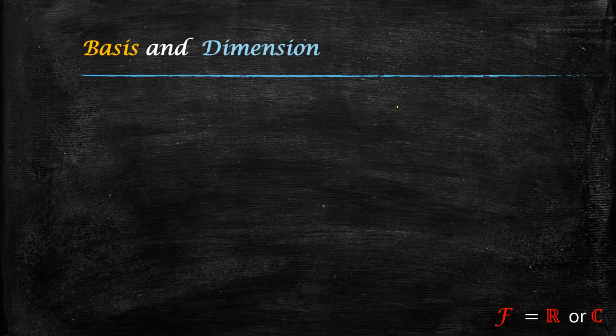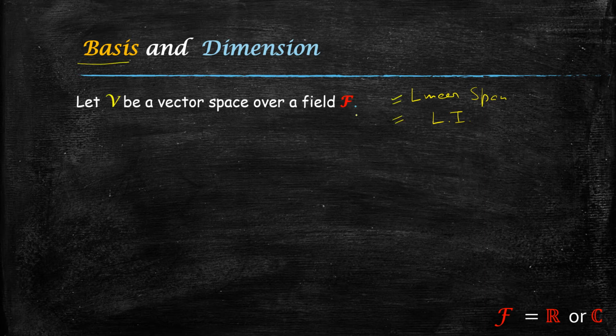As we have already explained linear span in the previous lecture, and in this lecture we have explained what a linearly independent set of vectors is, we are in a position to define basis. Let V be a vector space over a field F, where F is either the real numbers or the complex numbers in our lectures.